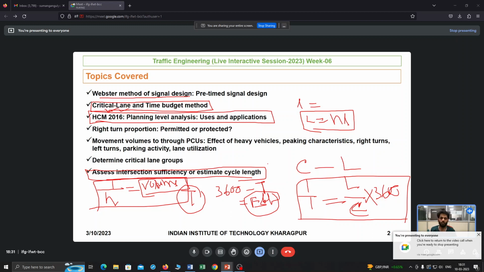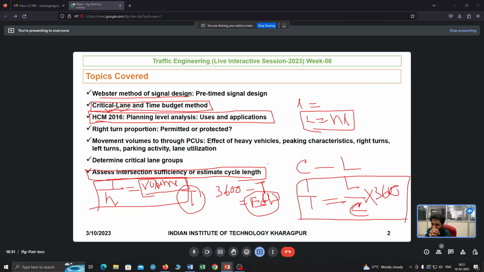After we discuss this, the next part is operational level analysis. Although I won't go into much detail, in operational analysis we go for a more detailed approach. Here nothing is calculated by assumption. If you remember, last time we told you how to calculate lost time, because there is something called end gain, and how to calculate those.